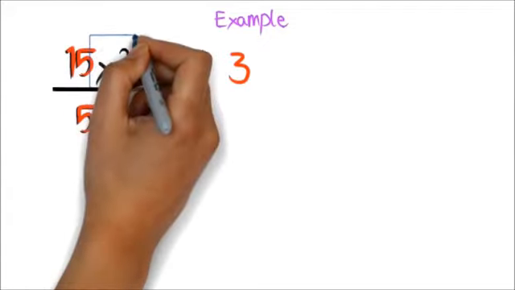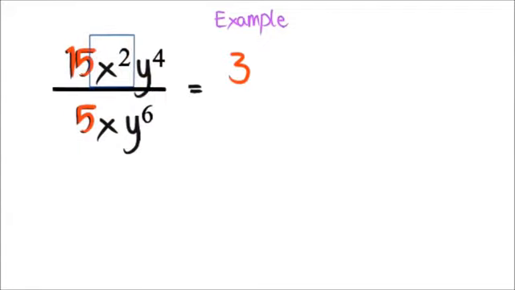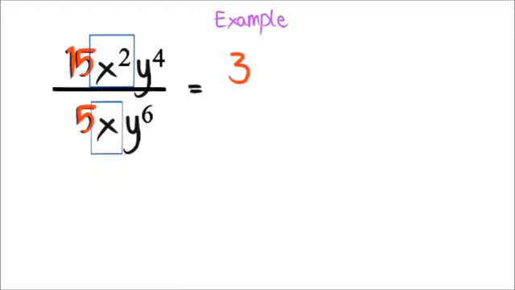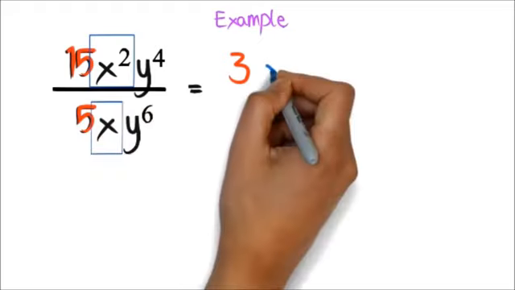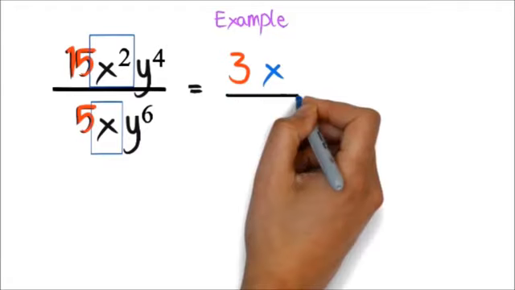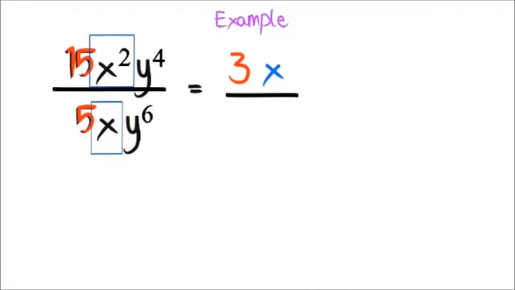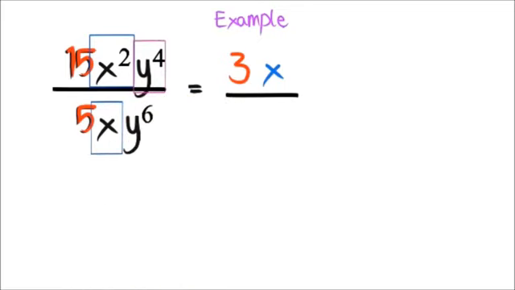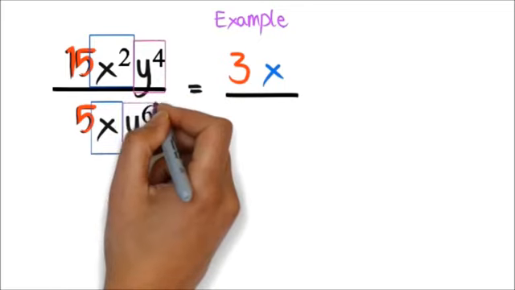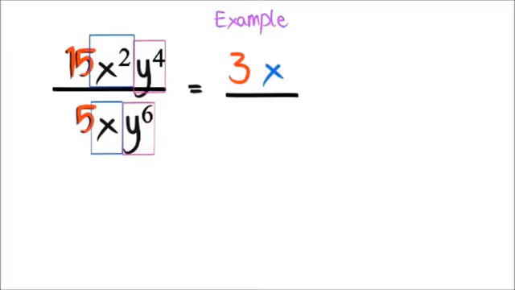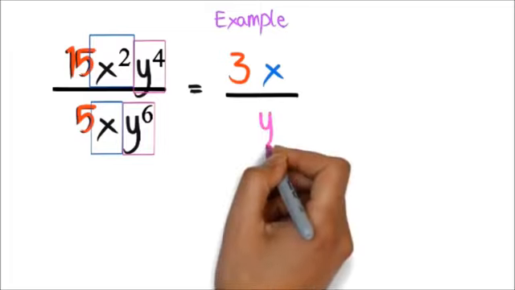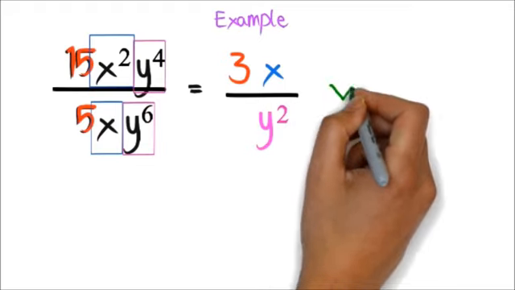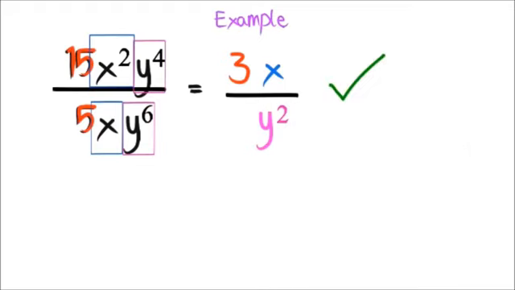Next, we notice there are 2x at the top and 1 at the bottom. So our answer will have 1x at the top. Also, we see there are 4 y's at the top and there are 6 y's at the bottom. So there will be 2 y's left at the bottom. So this is our final answer.